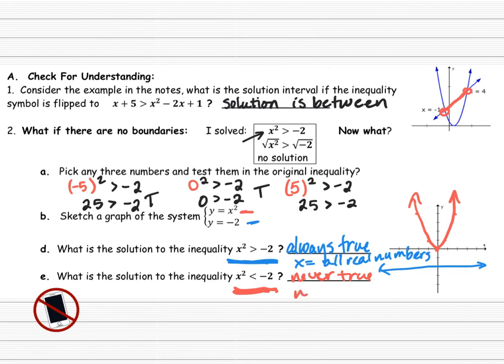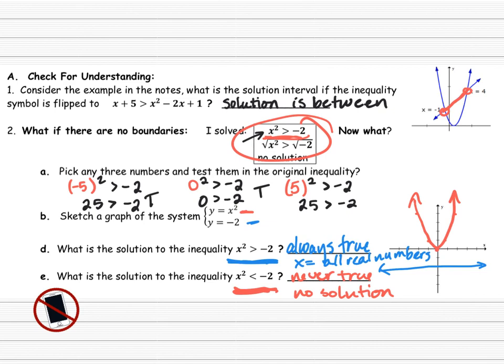And so we have no solution. So when you end up in a place where you can't find boundary points like this, then you have to determine if that's an always true situation or a never true situation. So be very careful about that when you end up with your x squared equaling a negative. You have to check and see if that's always or never true.